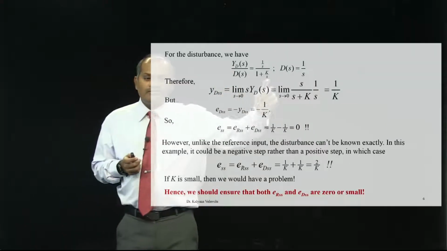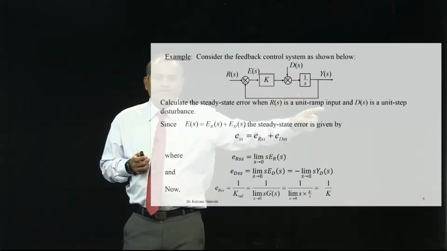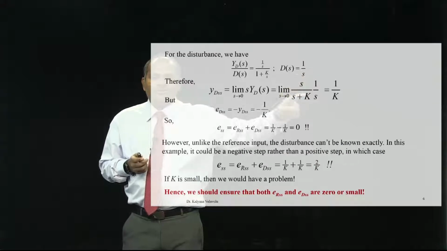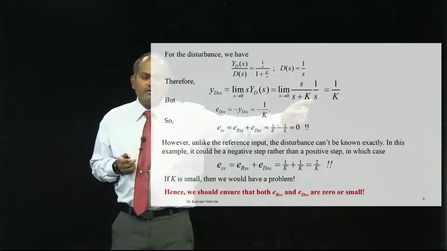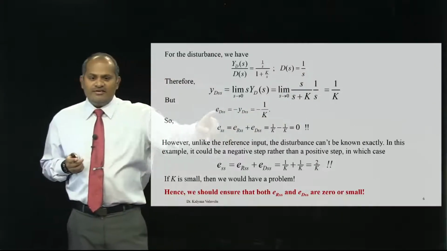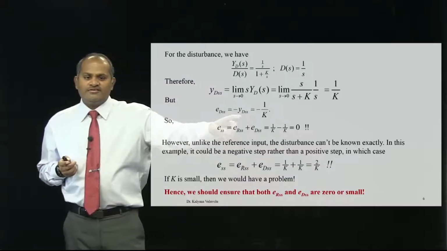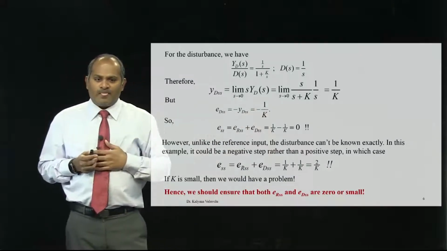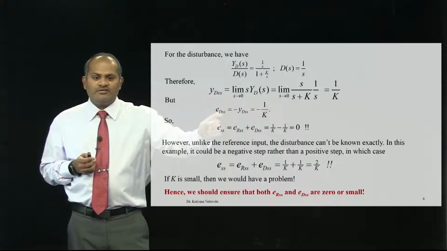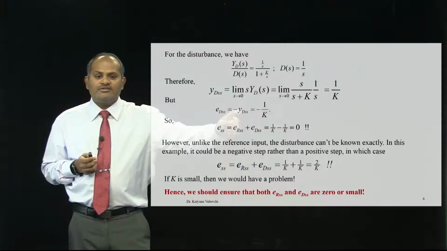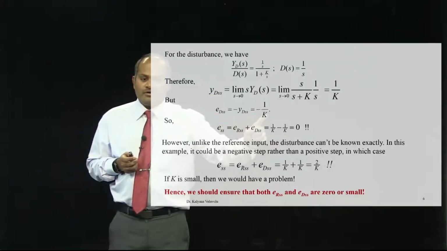My D is given as a unit step, so I get a unit step. Then I can calculate the steady state error as 1 by K. So, the error with respect to disturbance is minus YD steady state, which is equal to minus 1 by K, because our error due to disturbance is minus YD of S.